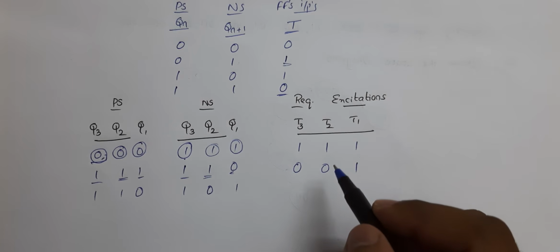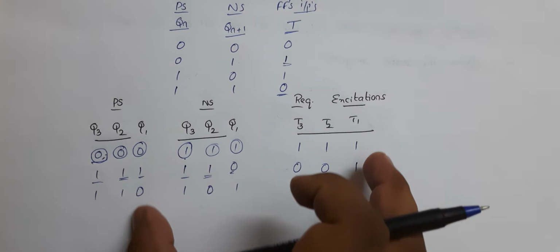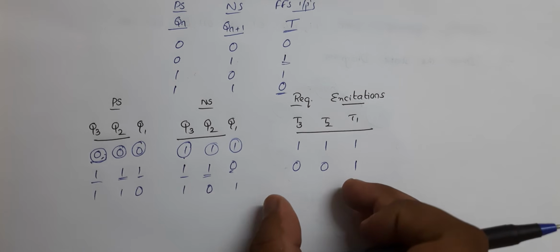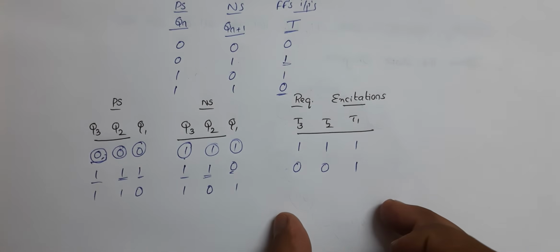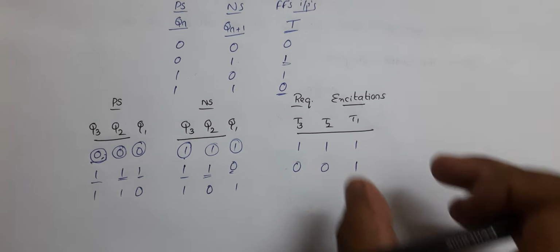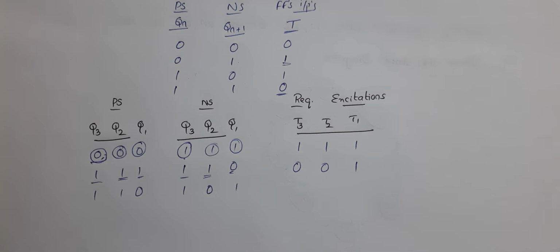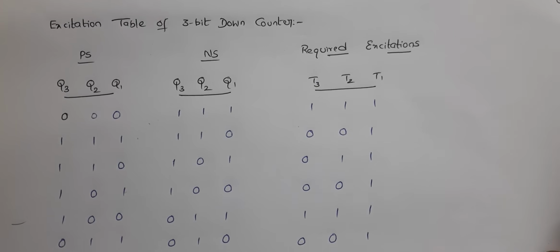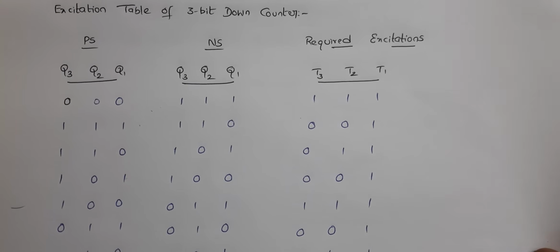Like this way, we note down all possible combinations for present state and next state, and correspondingly we obtain the required excitations for the T flip-flop inputs in terms of T3, T2, T1, and we obtain the excitation table like this. So this is the excitation table for the 3-bit down counter.